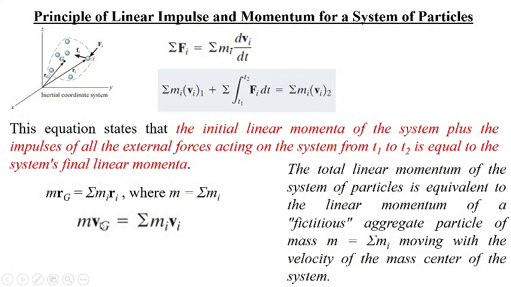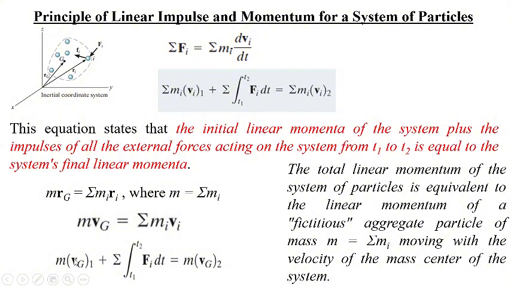So here, the initial... okay, so this one now yields that mvG1 plus the integral of ΣFi dt is equal to mvG2.